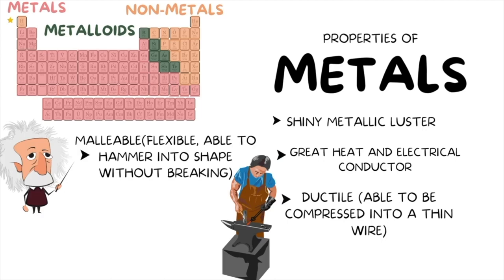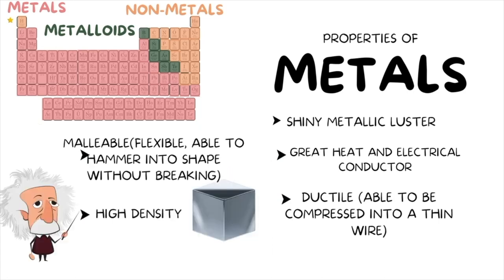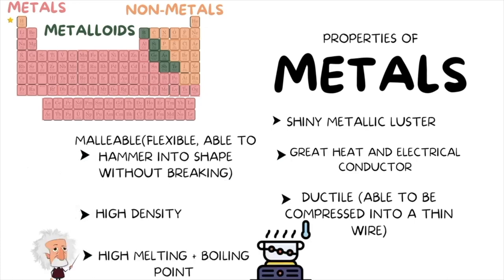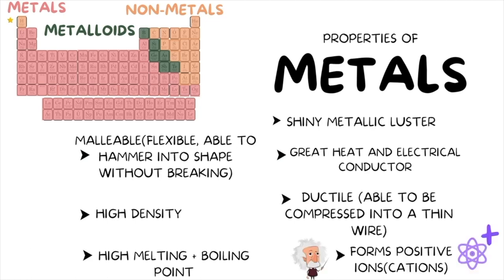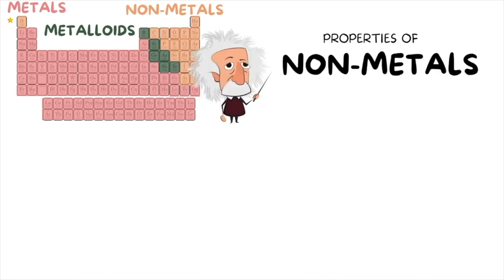So like this guy here is hammering at his metal and reshaping it, and it's not chipping off and breaking. Metals are highly dense, and they have a high melting and boiling point. So this means that it takes a lot of heat energy to get them to a melting or boiling point. Lastly, they have tendencies to form cations, or in other words, atoms with a positive charge.